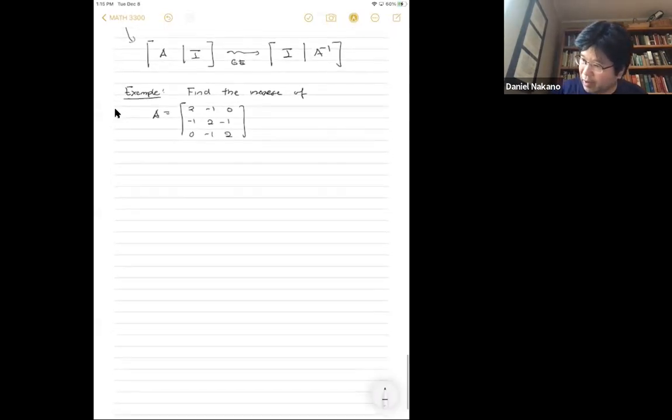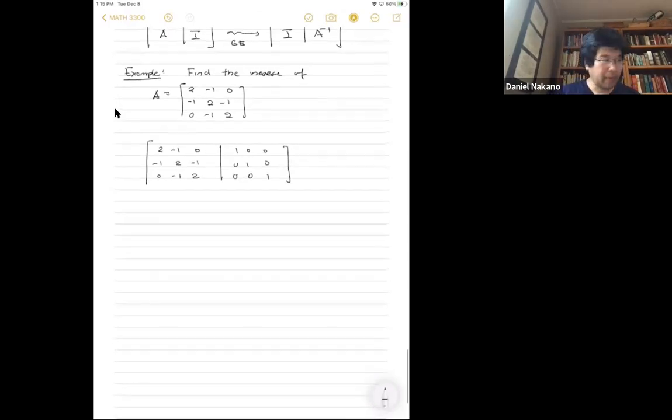We can use cofactors if we want, but let's do this using the Gaussian elimination method. So you put A on this side, and then you put the identity over here.